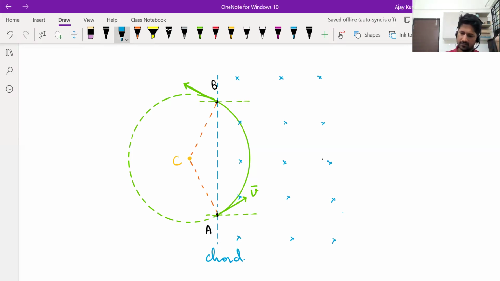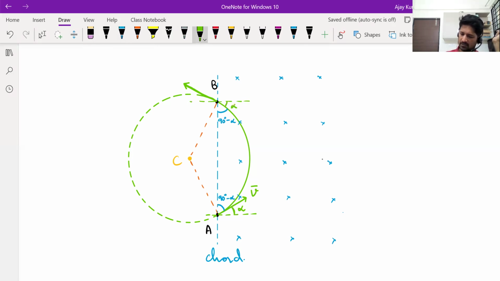So if this angle is alpha, with the x-axis, and the chord is in the y direction, then the angle inside will be 90 minus alpha. From basic properties of circles, this angle will also be 90 minus alpha itself. And if this is 90 minus alpha, then the angle outside is alpha.